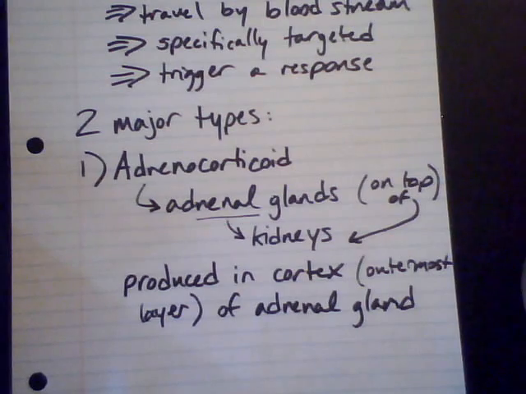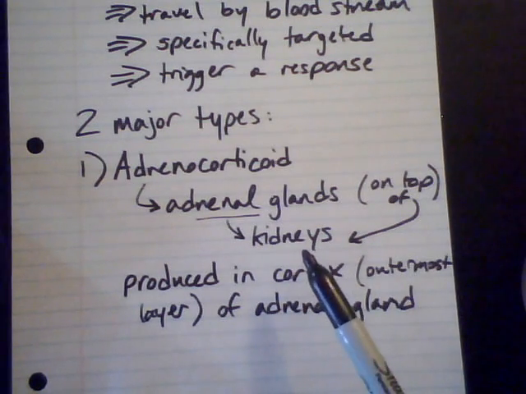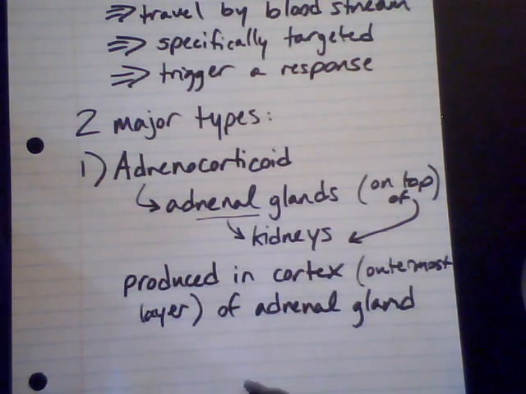Okay, so these adrenocorticoids are produced in the outermost layer of the gland that's on top of the kidneys. Okay, that's kind of where we're situated in terms of the body.